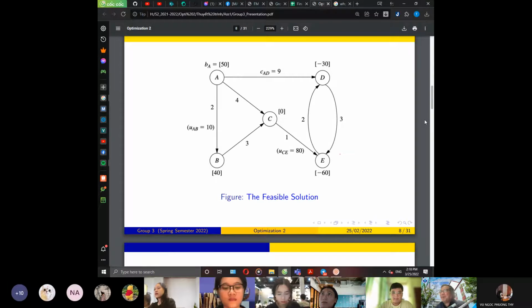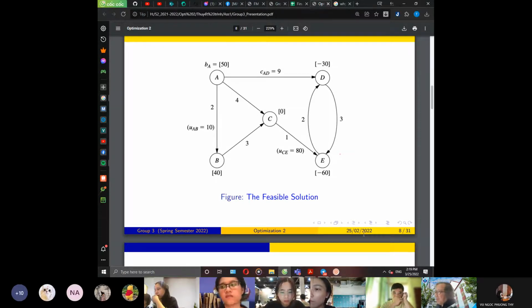For example, you have Xij less than Uij. Is it okay? In this case, Xab is always less than Uab. So this is called the upper bound. You see, the set is bounded above. It is bound on the upper side, on the above. And the lower bound is Xij greater than something, for example greater than 10, greater than 9, greater than 5.